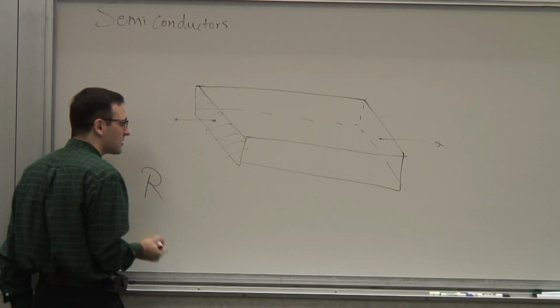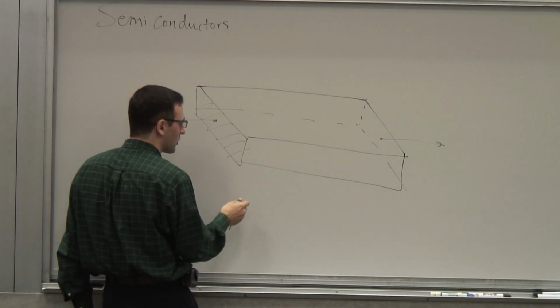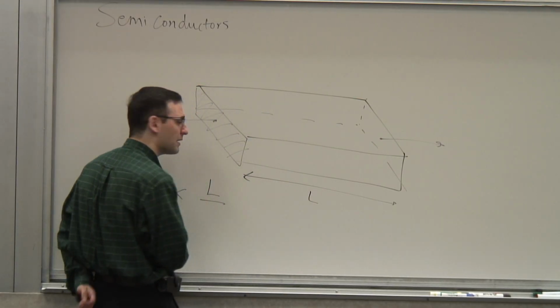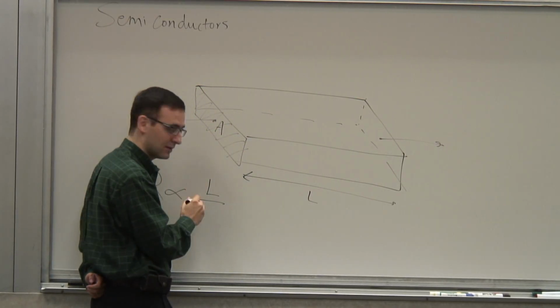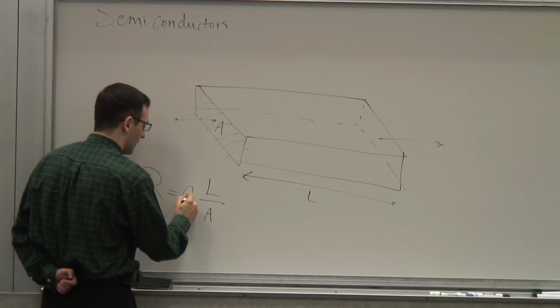And that resistance, as you know, is proportional to the length L and inversely proportional to the area A. The proportionality constant is called resistivity, which is shown with rho.